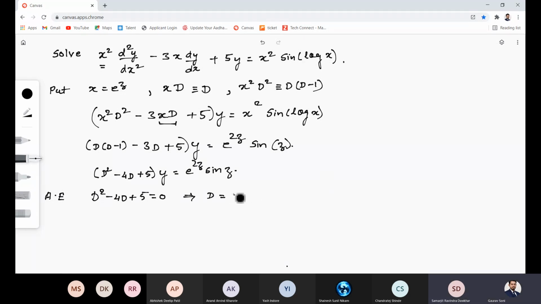2 plus minus i. So depending on these roots, what will be the auxiliary solution? Try this.